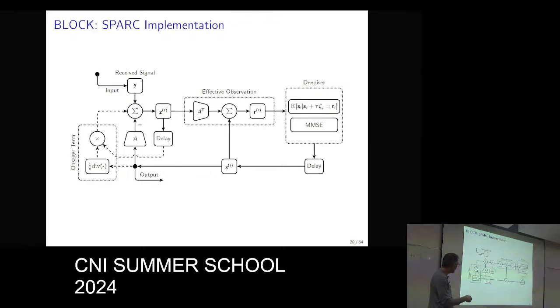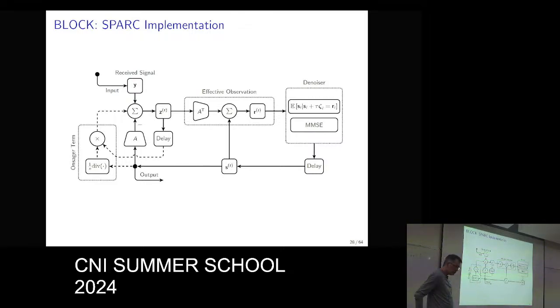This should be somewhat familiar. But it's also added to by the computation of the Onsager term. The state comes through, you have this div operator that comes from Stein's lemma, and you multiply it by the previous z, and then it adds up. So that's the Onsager term here, highlighted in a dotted pattern.